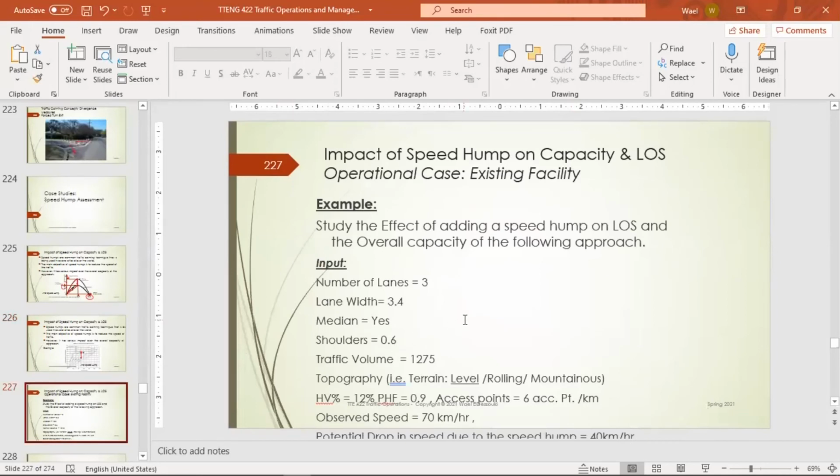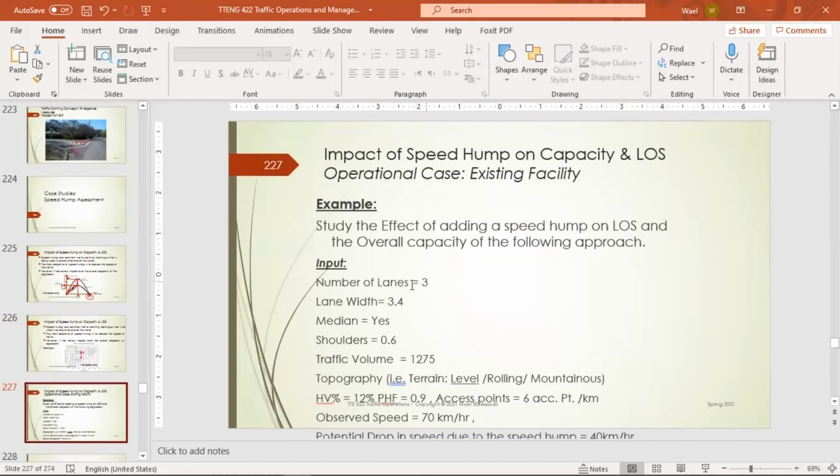So here we have an example: impact of speed hump on capacity and level of service, operational case, existing facility. Study the effect of adding a speed hump on level of service and the overall capacity of the following approach.